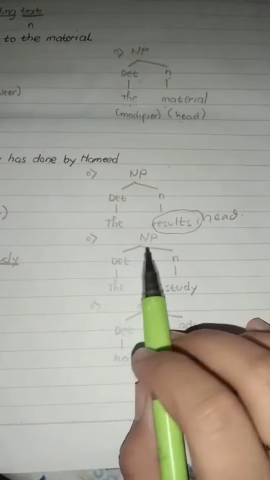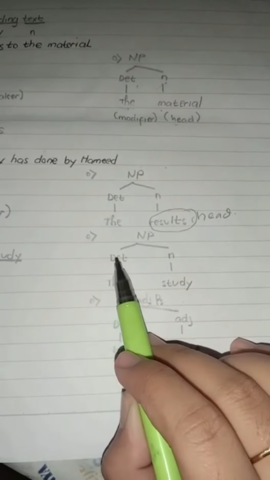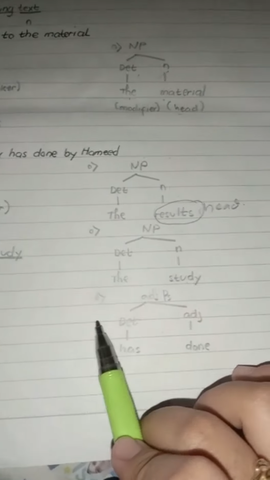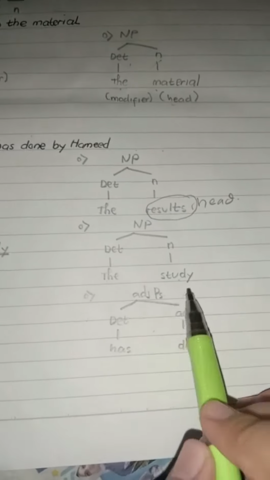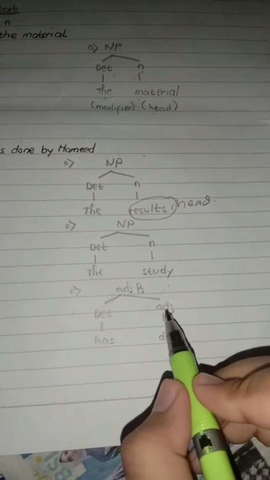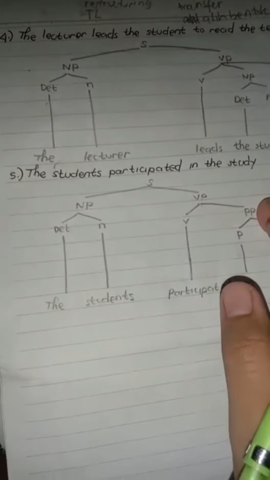For the second phrasal category is the study. The is determiner, study is noun. And then the third is adjective phrase. Adjective phrase is divided into two. First is determiner, it is has, and then the second is adjective, done. Okay, let's continue to the next sentence.